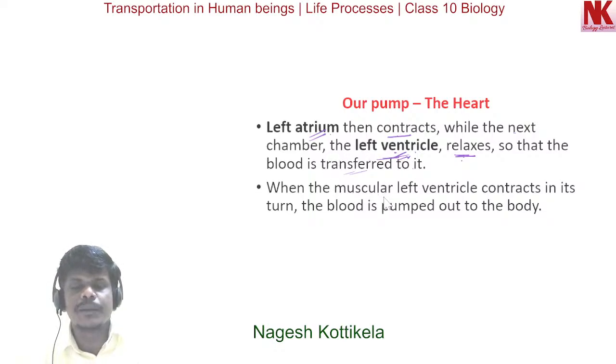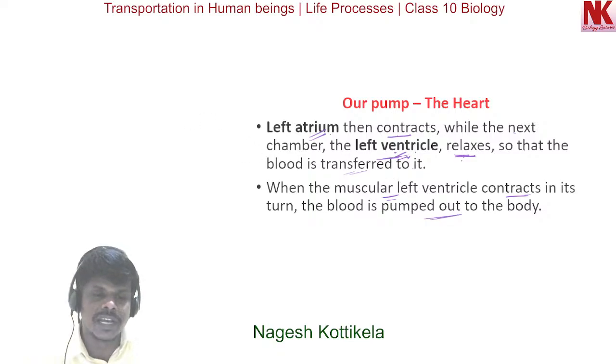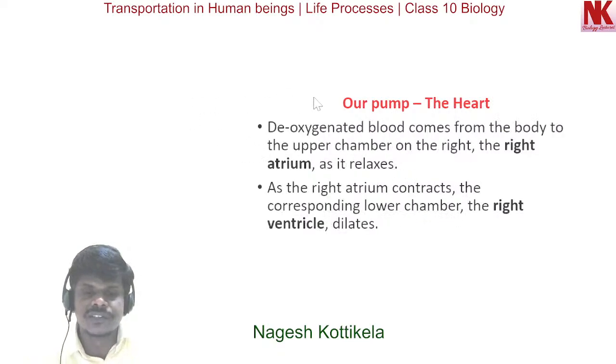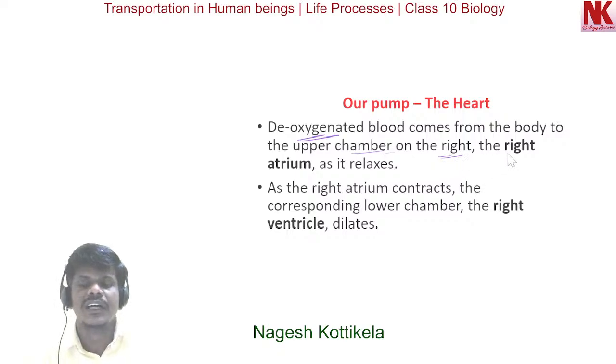When the muscular left ventricle contracts, the blood is pumped out to the body. When the ventricle is contracting, the blood is pumped into the arteries, which carry the blood to different parts of the body. After this, deoxygenated blood comes from the body to the upper chamber on the right, the right atrium, as it relaxes.